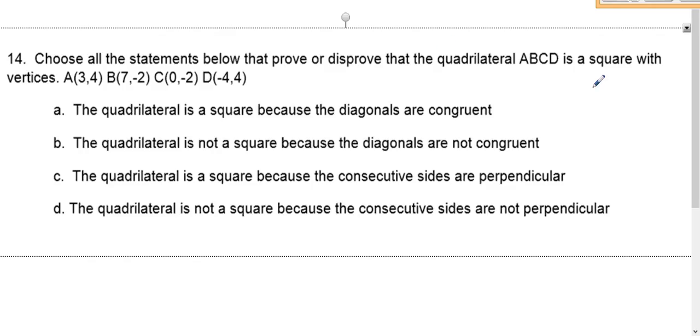Choose all the statements below that prove or disprove that this is a square with these vertices. So I would plot these to get an idea of where to start.